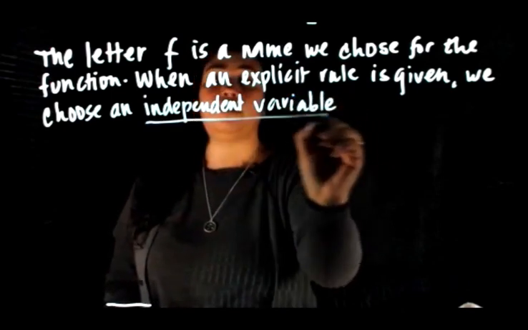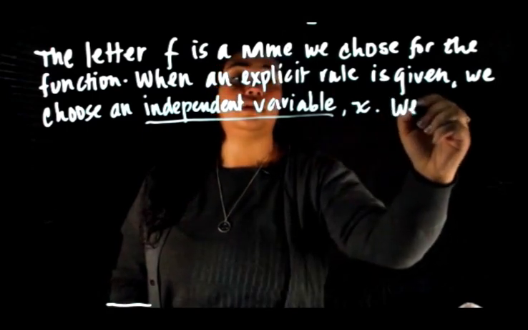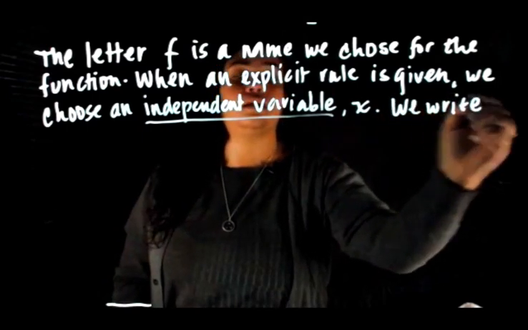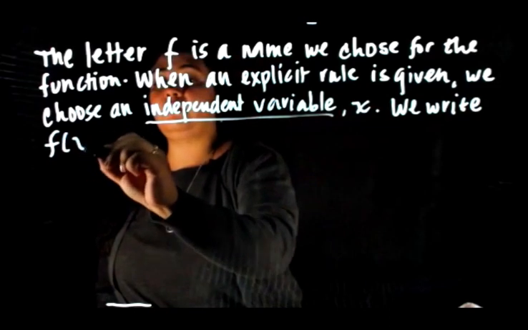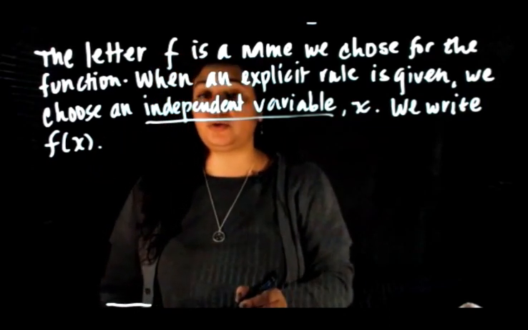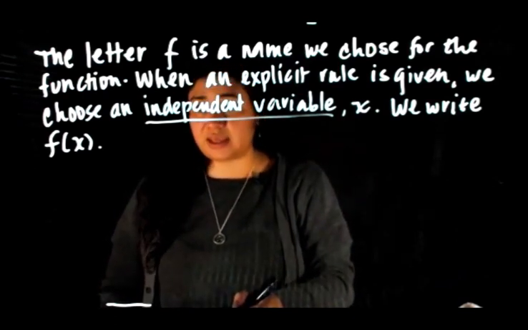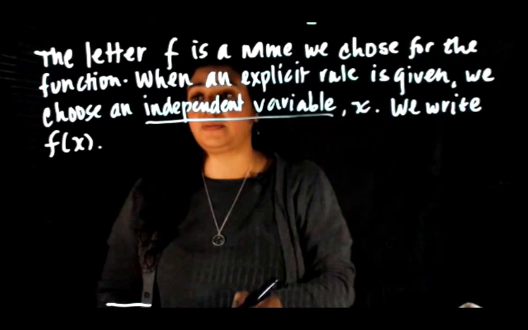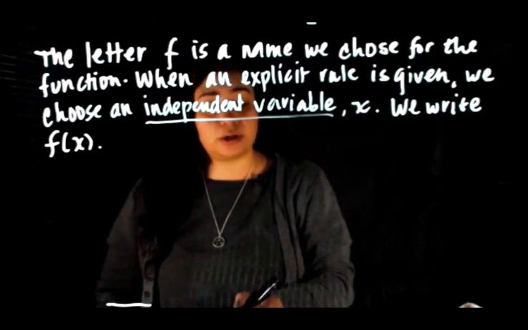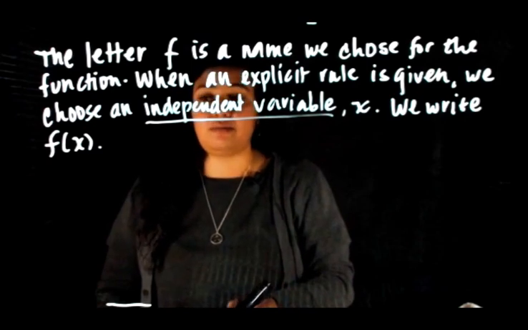Typically, the independent variable is x. We write f depends on x. This notation should not be confused with multiplication. There's no multiplication of f with x. This is a convention stating that f is a variable that depends on x. x is an independent variable.